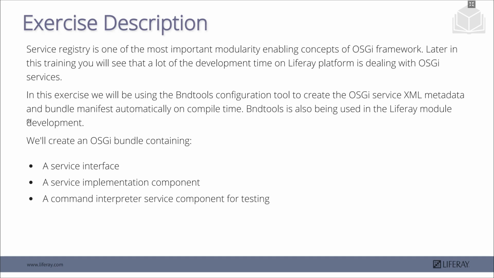The first one is we need to create the interface. The second one is we need to create the implementation of the interface by creating a component. As we do that, we're going to be taking a look at how BND tools is really going to help us out along the way. We won't really need to worry too much about the manifest file and its headers, as BND tools is the one who's going to really do a lot of the heavy lifting.